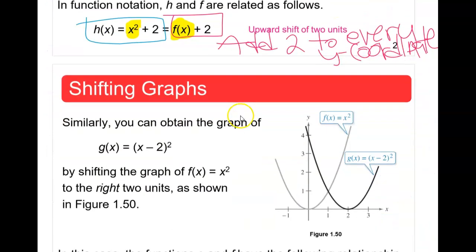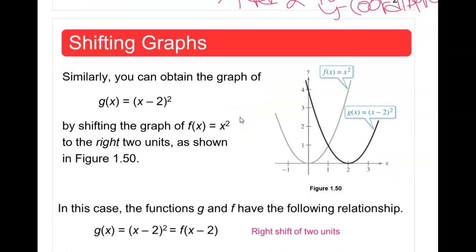Okay, now the next one is a very clear example of a horizontal shifting. I'm going to highlight the parent function again, which we're calling f of x. I'm also going to use the vertex as the sample point, so the sample here will be 0, 0. What's happening here is that the point is going to move 2 units to the right.